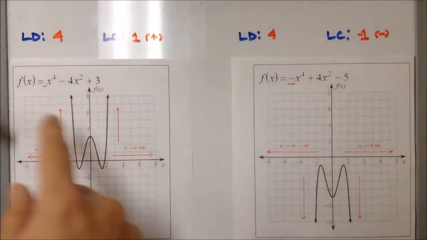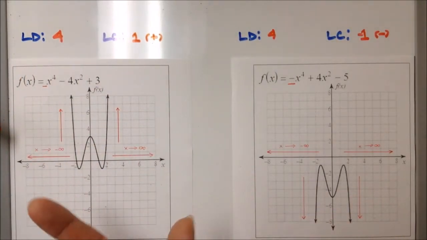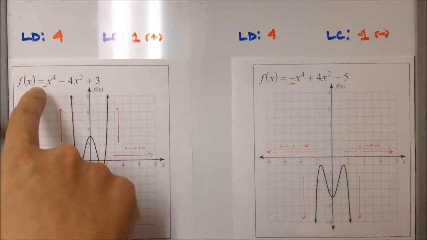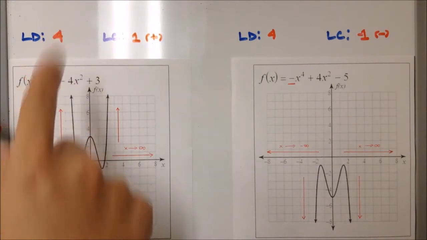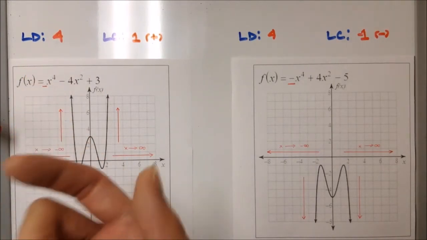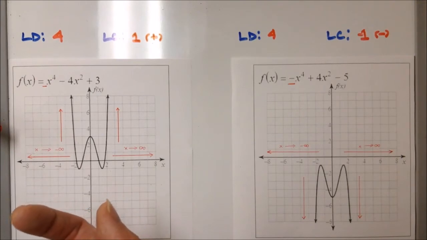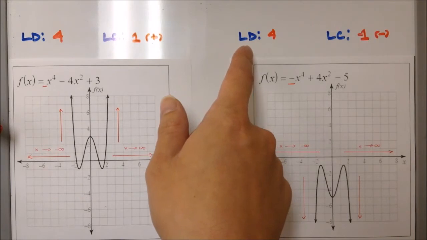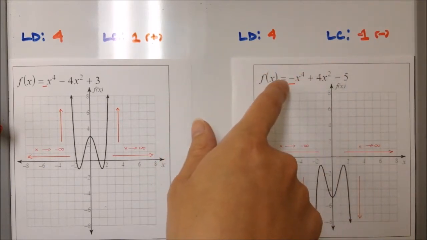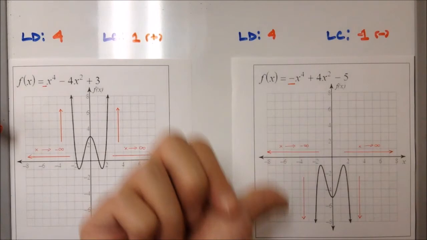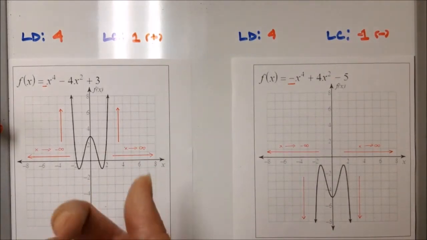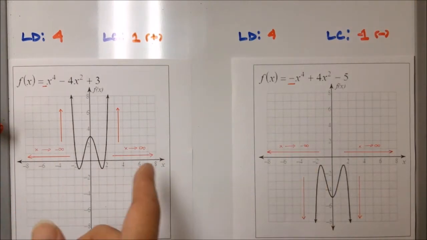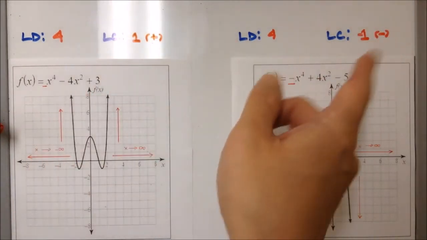So, even degrees, meaning that they're both going in the same direction, but on the left, it's a positive coefficient, so it's going upwards to positive infinity, or should I say, f of x approaches positive infinity. Over here on the right side, even degree, but the leading coefficient is negative, so that means that it's going downwards, or f of x approaches negative infinity. So these two are examples of even functions with a positive coefficient and a negative coefficient.